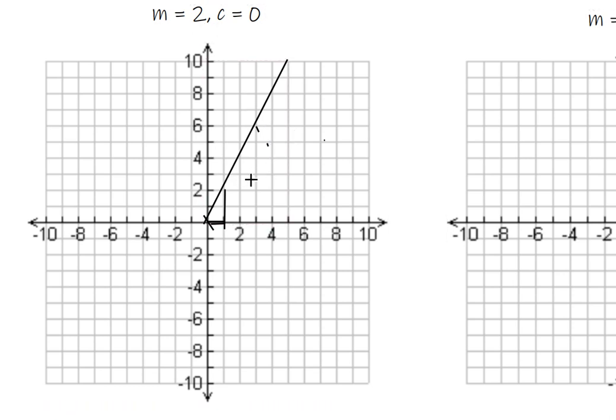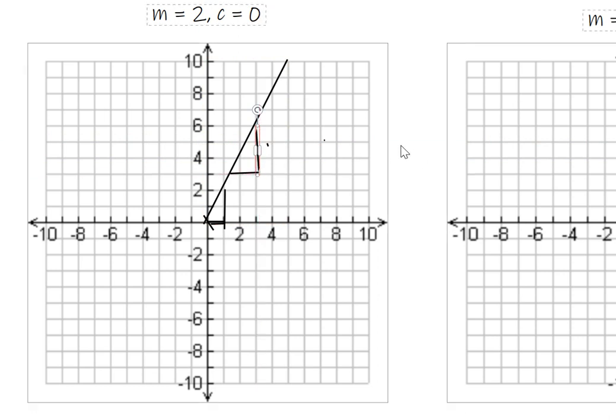It goes over by 1 and up by 2. It's always the same as you go along the graph. I'm really sorry about this. This PDF thing doesn't really want me to draw properly. Let me try this one last time.